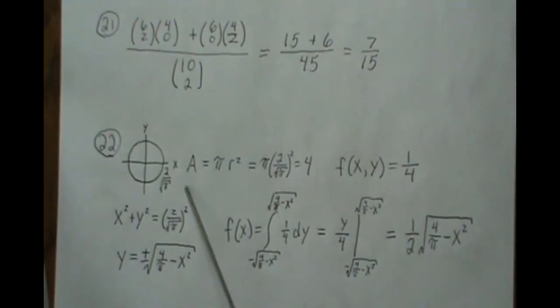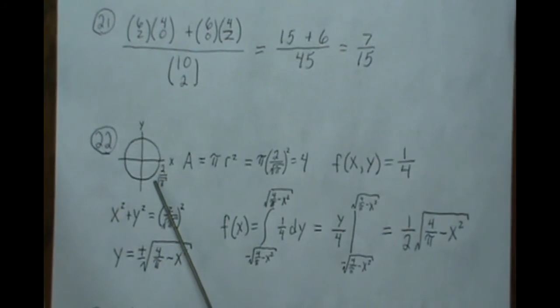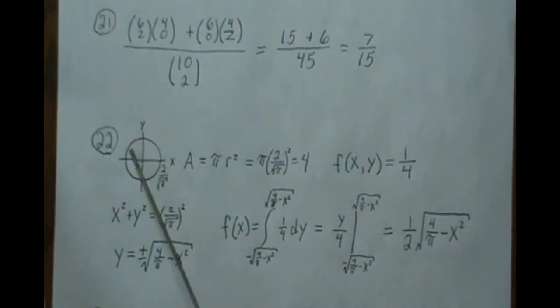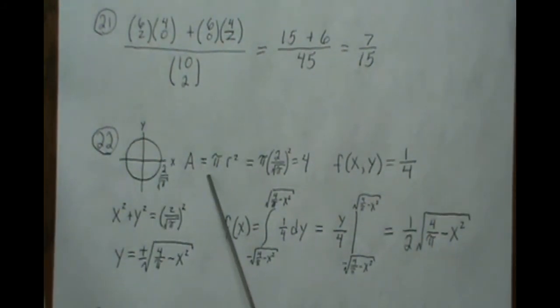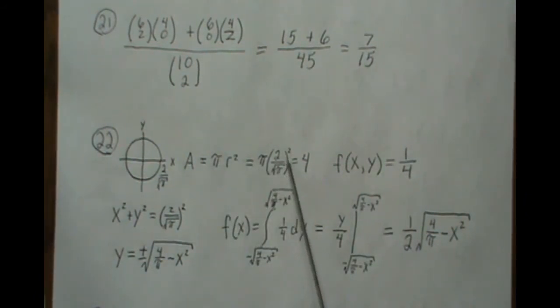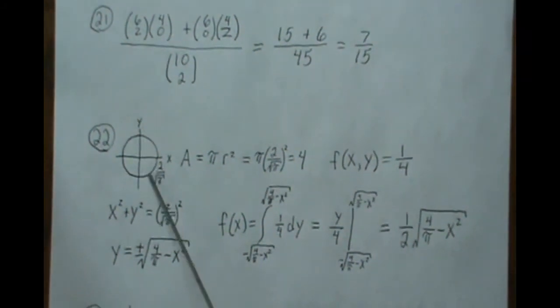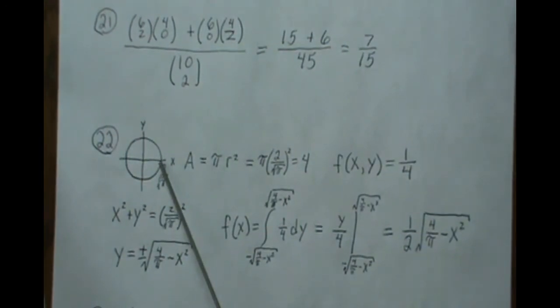And so it's a uniform distribution over this disk. And so let's find the area of this disk, which is pi r squared, which then is this, which is 4. So the density has to be 1/4, because the area has to equal 1.